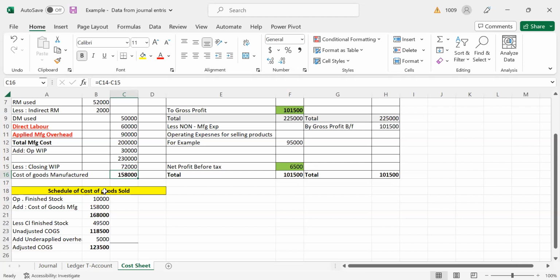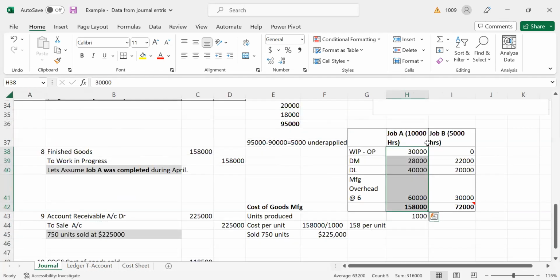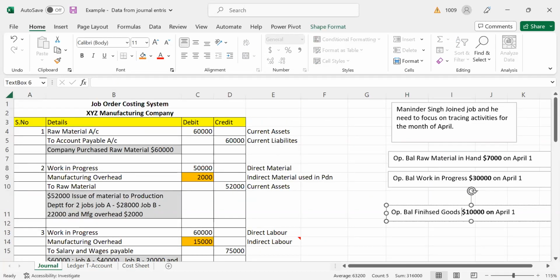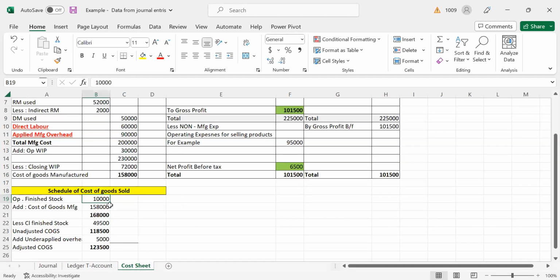Now look at this. This is the schedule of cost of goods sold, COGS. Opening finished stock that we know is $10,000. Opening finished stock we have. Now add cost of goods manufactured 152,58, the cost of goods manufactured that we calculated from here. Then minus closing stock that we have.